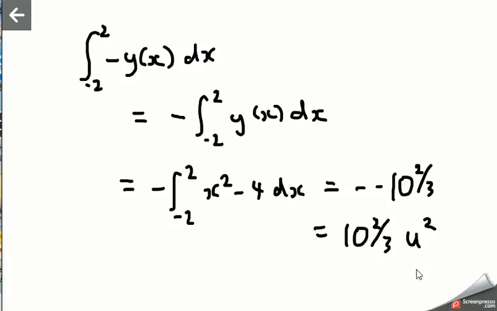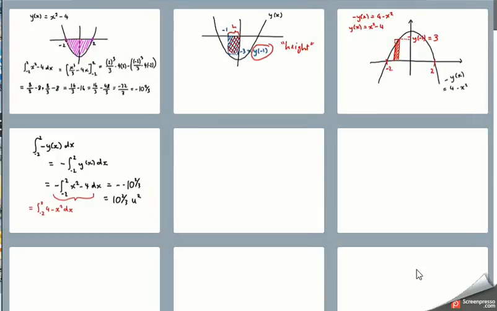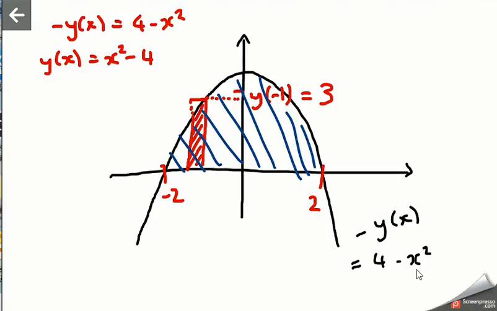If you're a bit confused by that, observe that the negative of the integral from -2 to +2 of x squared minus 4 is equal to the integral from -2 to +2 of 4 minus x squared dx, which is exactly this blue area under our curve flipped upside down.